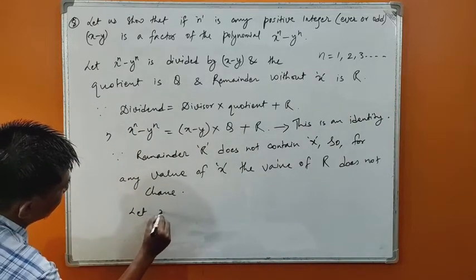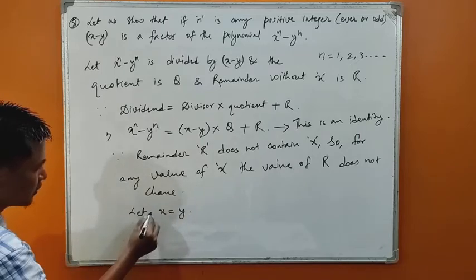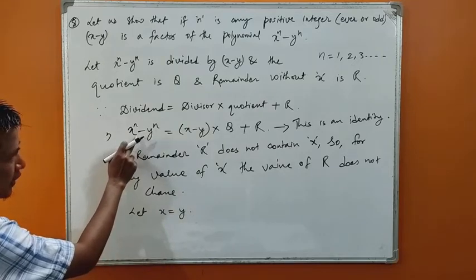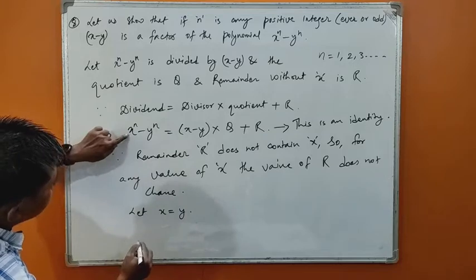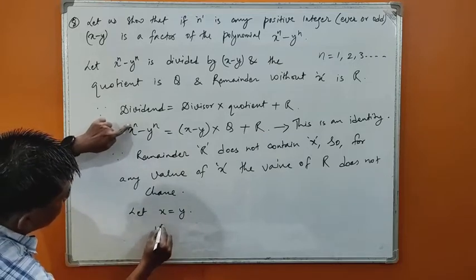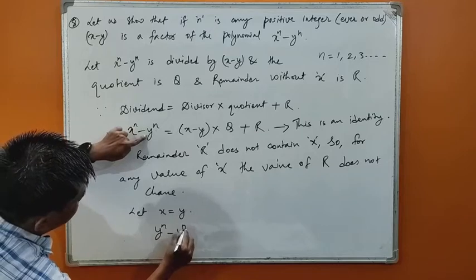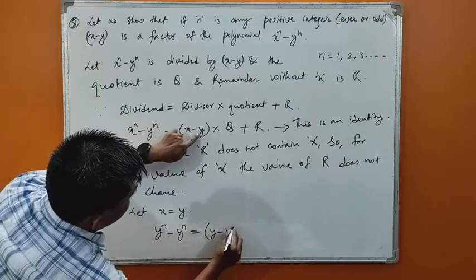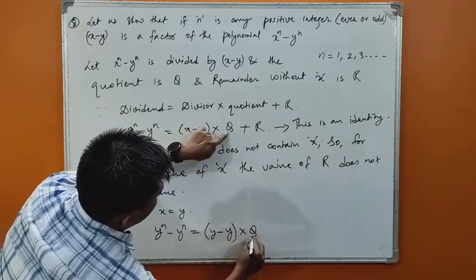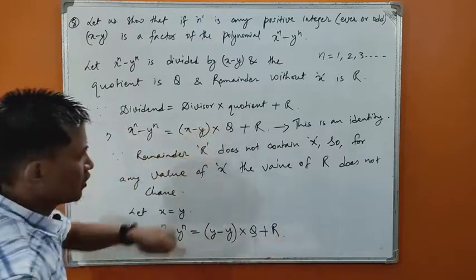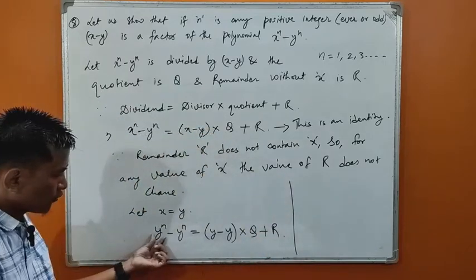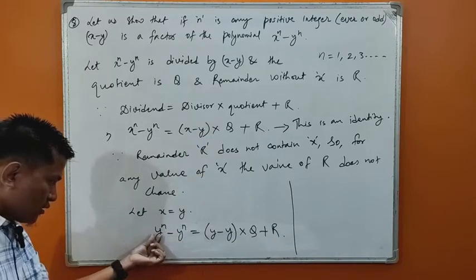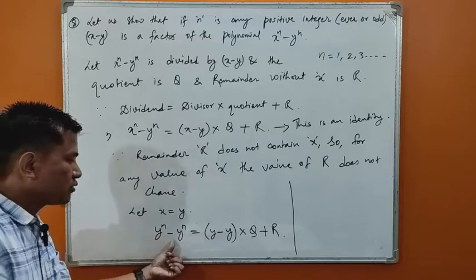Okay, now let x equal y. We are supposing the value of x to be y. Then what happens if we put x equals y in this equation? We have y to the power n minus y to the power n equals y minus y into q plus r, isn't it? y to the power n minus y to the power n is the same number minus the same number, so the value will be 0.